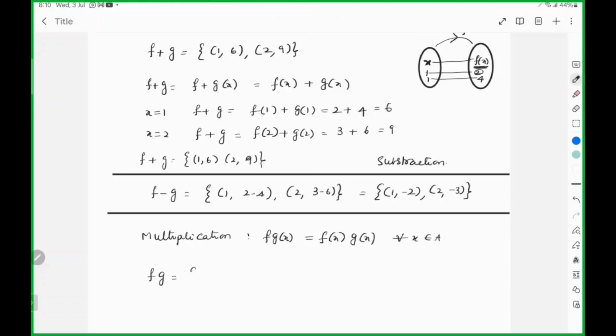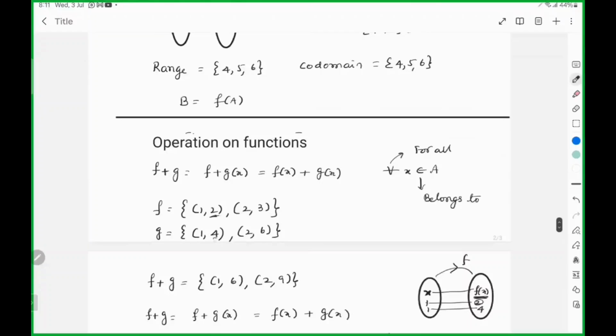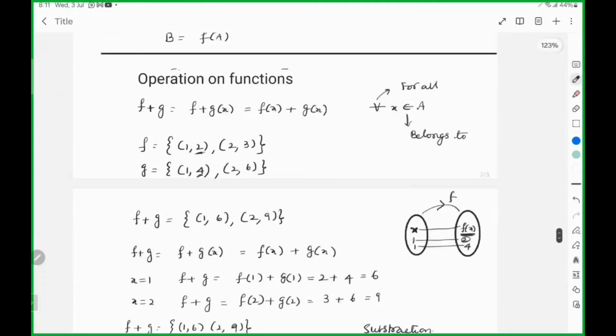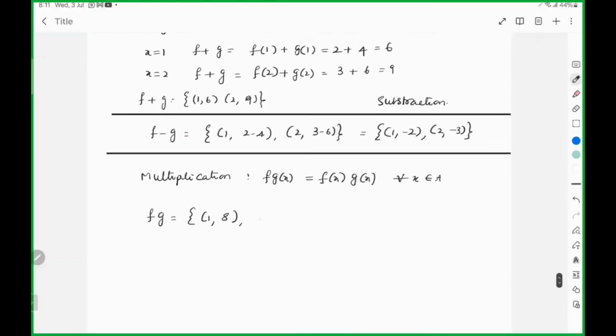Let us consider the same example. For 1, as it is, 2 into 4, 8. For 2, as it is, 3 into 6, 18. This is how multiplication is defined.